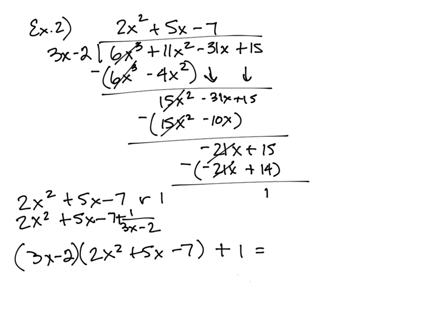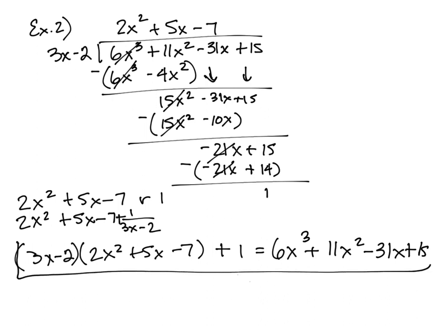And that's what would equal 6x cubed plus 11x squared minus 31x plus 15. Can y'all see that? Griselda, you good back there? Okay. I really prefer this because it shows me exactly what I got, what happened on the left side, and how that equals what I started with.